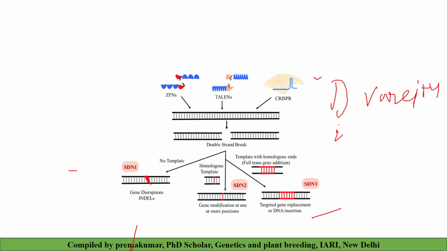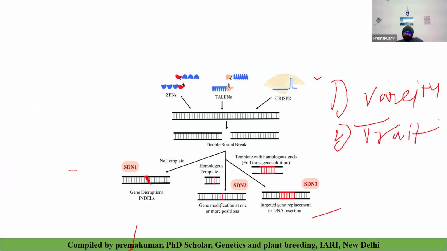Second, you should take the trait we want to modify. First, you choose a variety. Then, by analyzing the weakness, the opportunity and the threat, you have to decide which trait you want to modify.